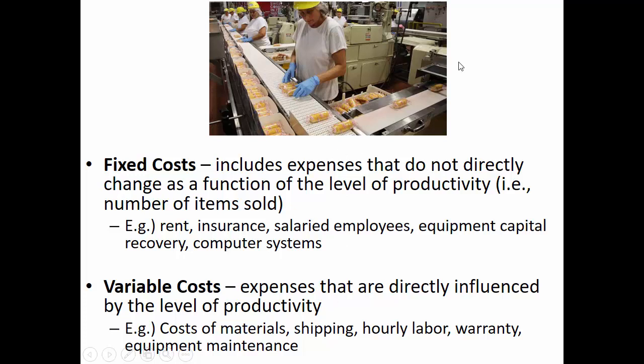Oftentimes the workers in the plant are getting paid on an hourly rate, and so if the factory is running 3 simultaneous shifts through the course of the day, then they're going to have higher labor costs than they would if they only had a single shift running per day. So it's important for us to know the difference between fixed and variable costs.